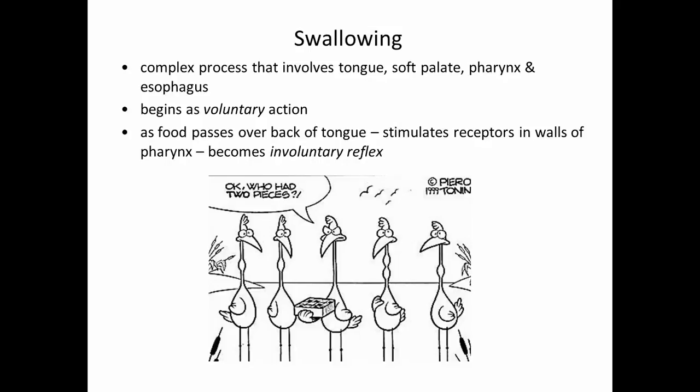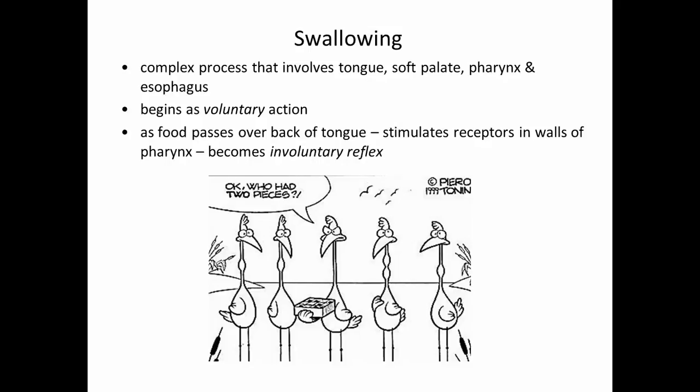Now, swallowing begins as a voluntary action. So if I said to you right now, swallow, I'd like you to try. There, I just did. I can say I can swallow whenever I want to. But that's only the beginning. So once you start the swallowing reflex and the food or saliva passes over the back of the tongue, that stimulates receptors in the wall of the throat, and from then on it becomes totally involuntary.